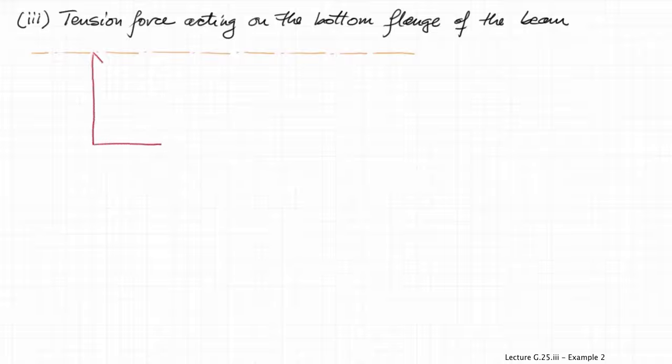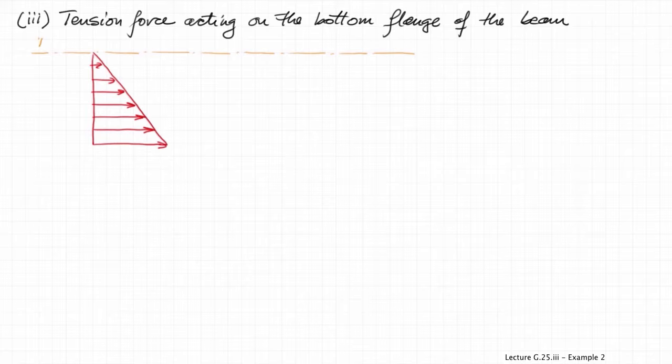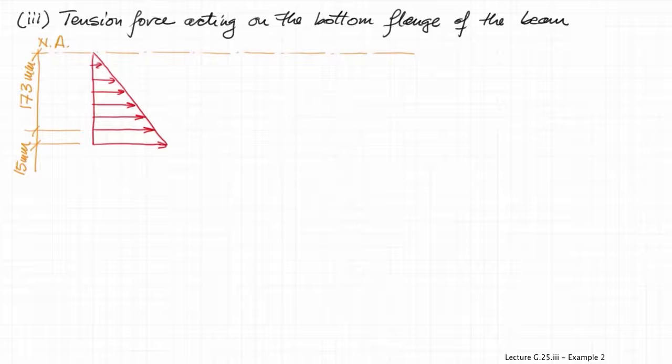So now if we represent the tension stress block below the neutral axis, which is the part in tension, again, like before, we have part of the stress block acting on the narrower web and part of the stress block acting on the wider flange. So the depth of the former is 173 millimeters, the depth of the latter is 15 millimeters.